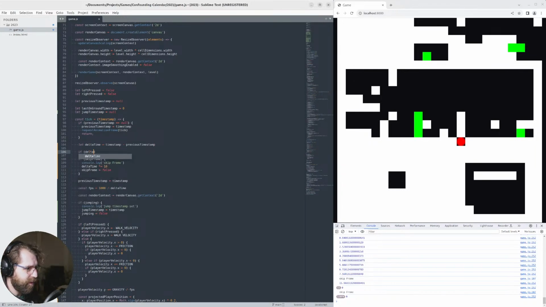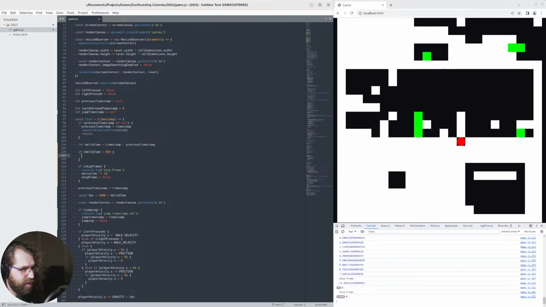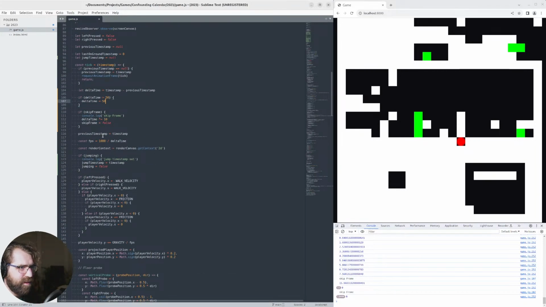I think I'll just do that. If delta time is more than 100 milliseconds, or maybe even less than that, like 50 milliseconds. Oh, that is in milliseconds. So if it's greater than 50, then delta time is 50. Yes, exactly. I think that makes a lot of sense.